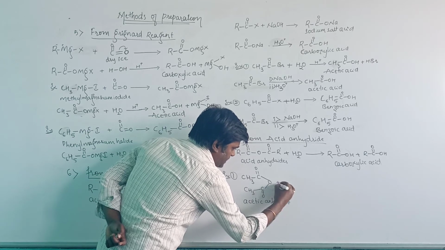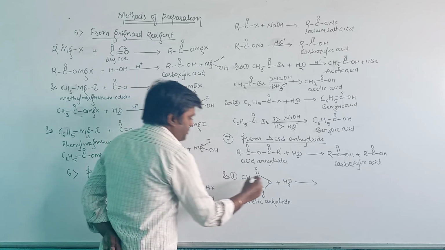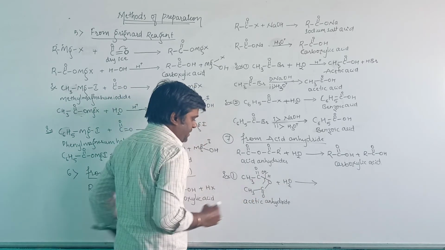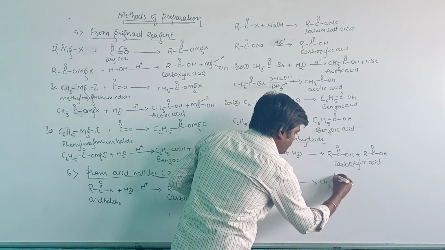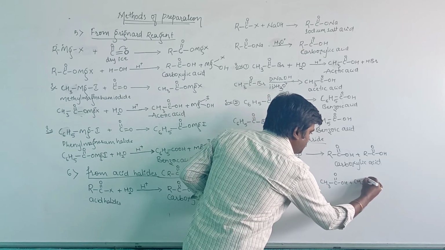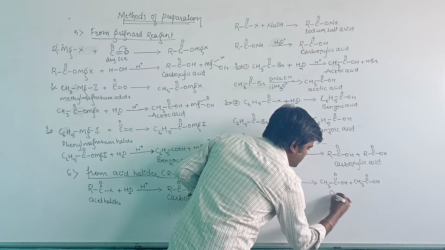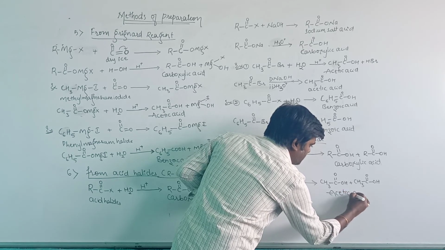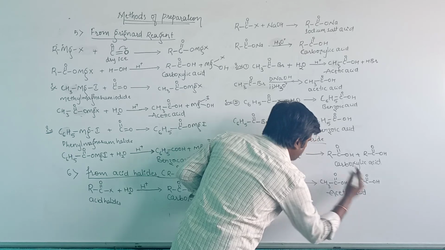When the acetic anhydride undergoes hydrolysis, then it will produce, that is here OH and here H, CH3C double bond OH plus CH3C double bond OH. Both the compounds are carboxylic acids. Here the carboxylic acids are acetic acids.